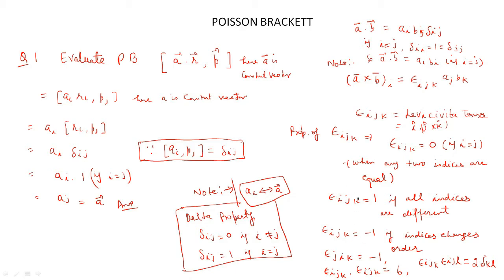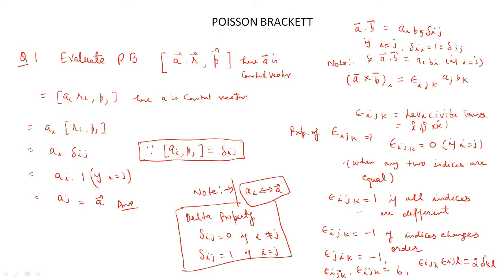Now if the unit vectors are different, then you know that the scalar triple product will give you output 1. So here epsilon_ijk will be equal to 1 if all the indices are different and in cyclic order, and if the cyclic order is changed, then the value of the Levi-Civita will be equal to -1.